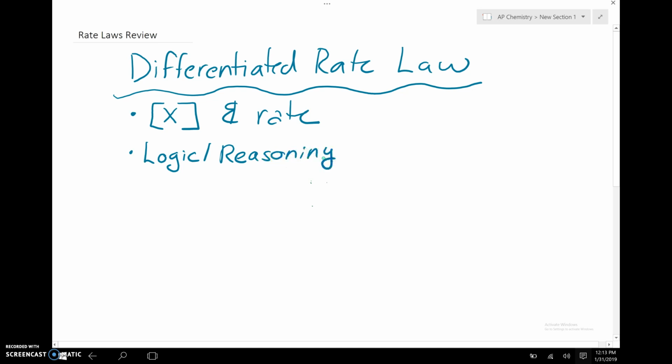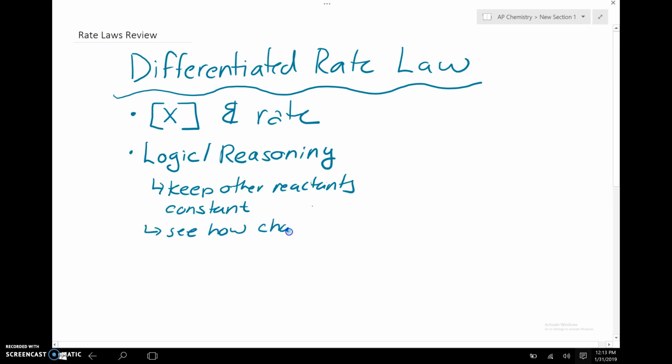Okay, and remember, we're going to try to keep other reactants constant, and then we're going to see how changing the concentration of one thing affects the rate.